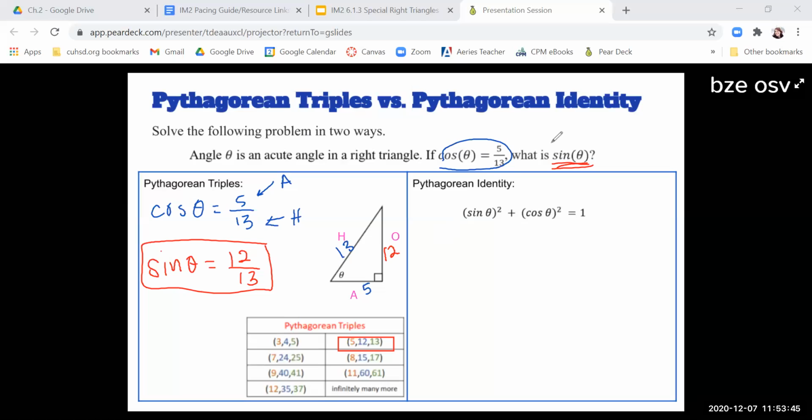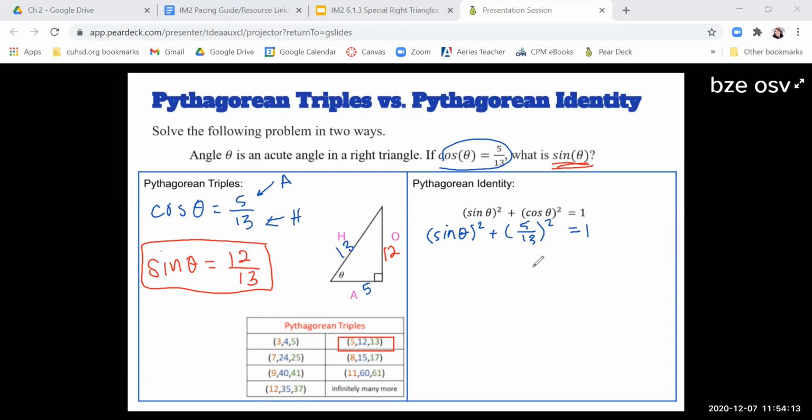All right, and I'll try to make this as neat as I can. So what I have is sine of theta squared plus, and now cosine is 5 over 13, so I'm going to plug that in, 5 over 13 squared equals 1. So all I did was substitute the value for cosine.